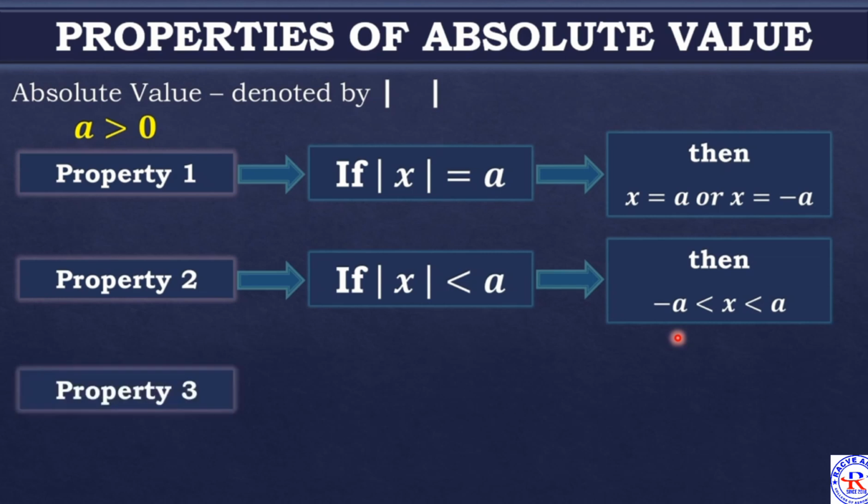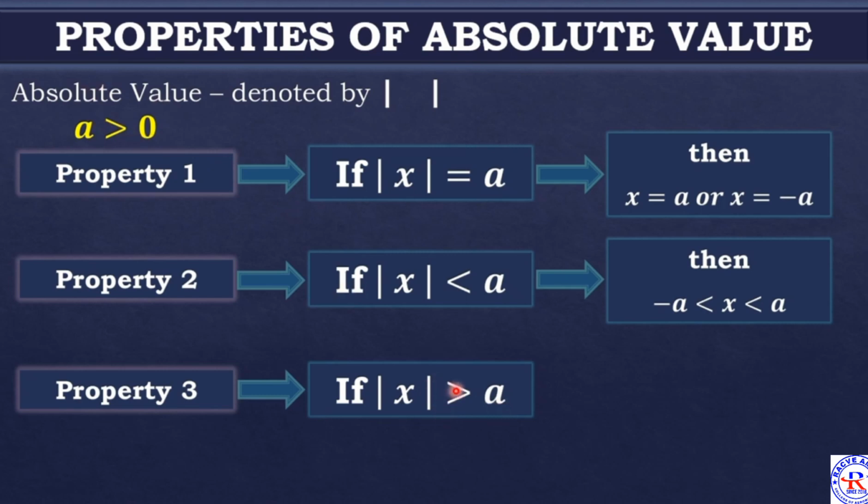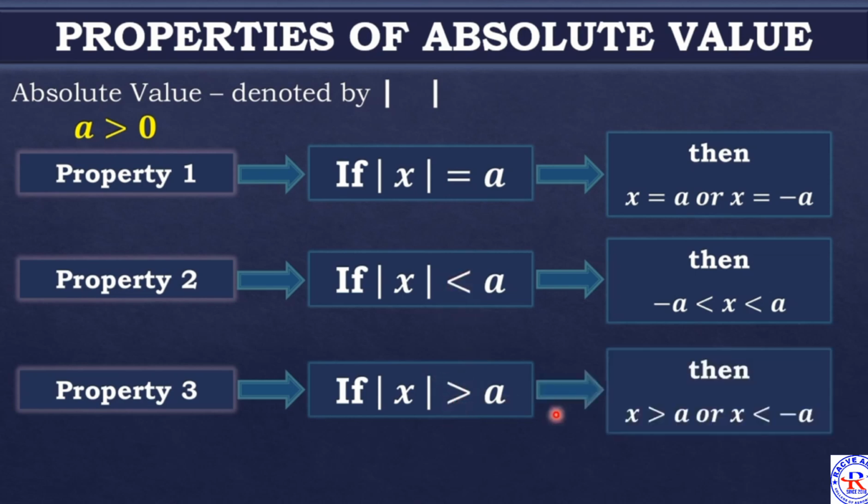And property number 3, this is if the absolute value of x is greater than a, kung mas mataas siya sa a, which is your a is greater than 0. So kapag ang inequality symbol mo ay greater than or pwede rin greater than or equal, then ang way ng pag-solve natin dyan is x is greater than a or x is less than negative a.